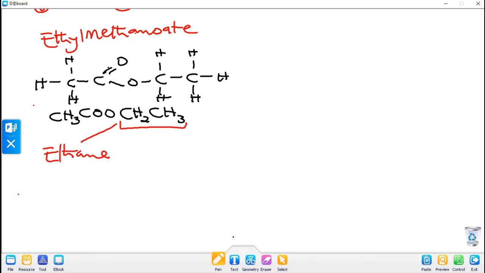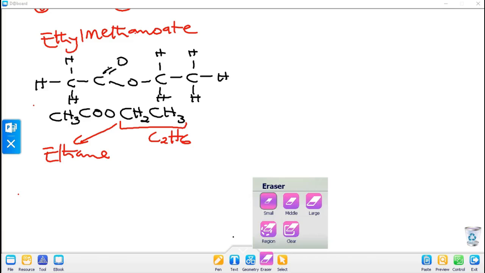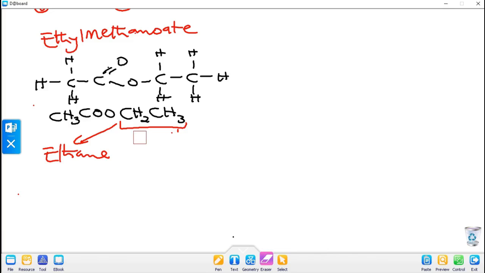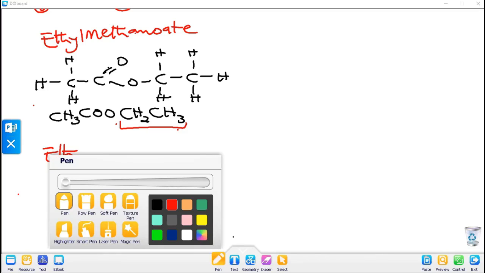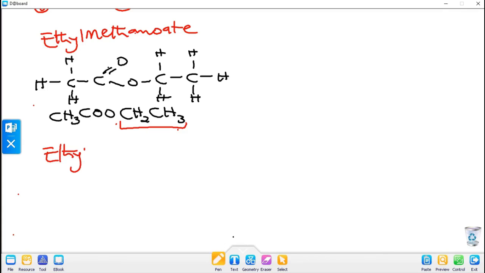But we ought to remember that ethane is C2H6, but this is C2H5, so it implies that one hydrogen has been lost. And we said when alkanes lose one hydrogen, they form a new compound called alkyl. Alkyl compounds are compounds with the loss of one hydrogen, and they are named by replacing the ANE in alkanes with YL. So the name of this compound is ethyl.